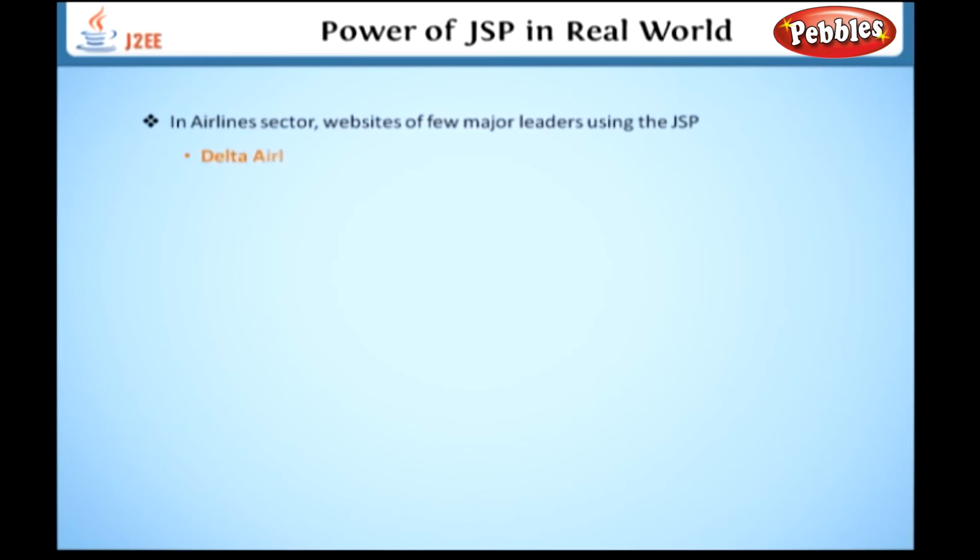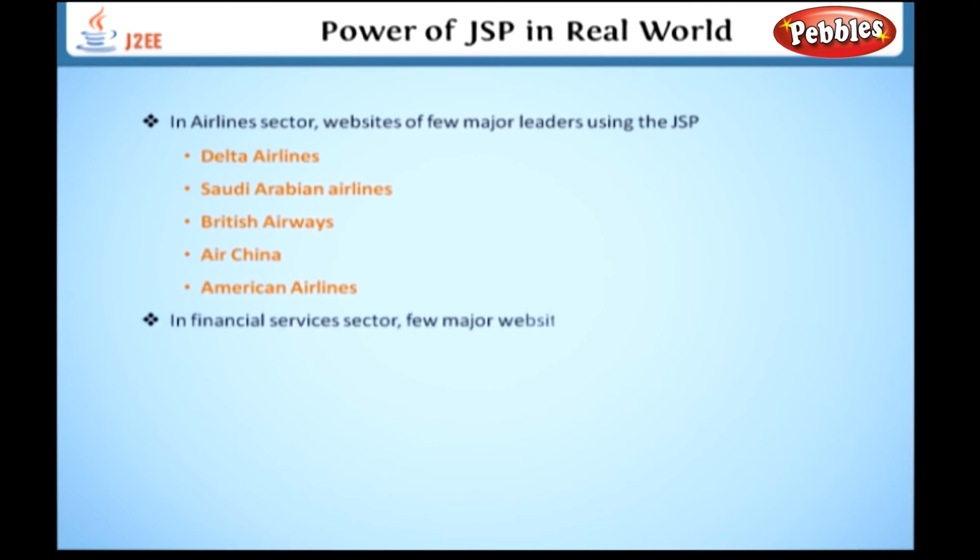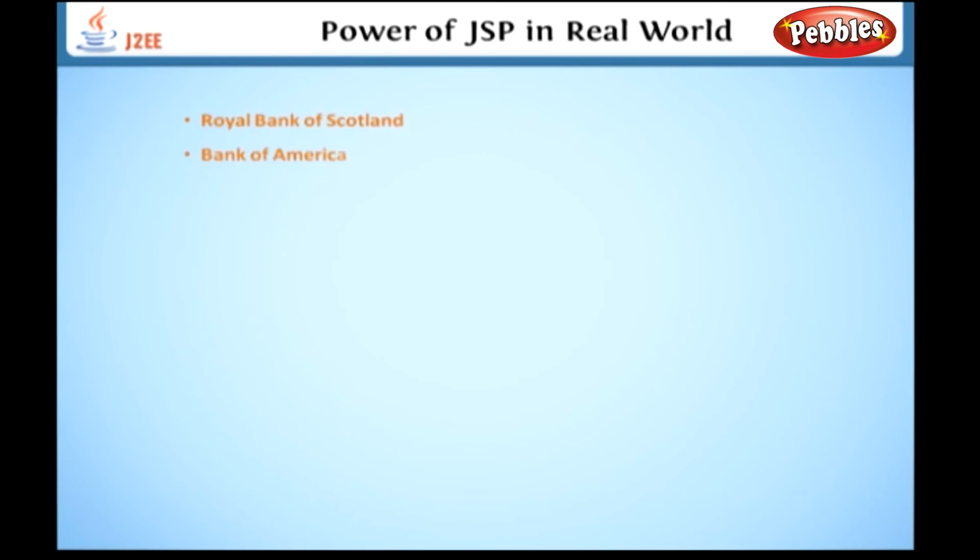They are Delta Airlines, Saudi Arabian Airlines, British Airways, Air China, and American Airlines. Then, if you take the financial services sector, I will show you some of the leaders using JSP for their web page design. American Century Investments, Fidelity, New York Stock Exchange, First USA Bank, Royal Bank of Scotland, Bank of America, Construction Bank.